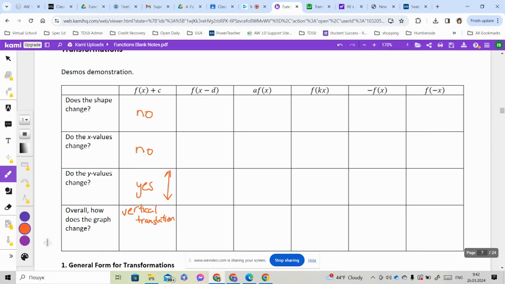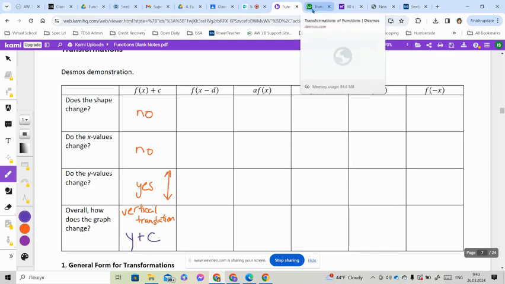And the only thing that happens, like as we said, the X's stay the same. We take the C and we add it to the Y. And I'm going to show you how I know that we add it. We know this from parabolas.